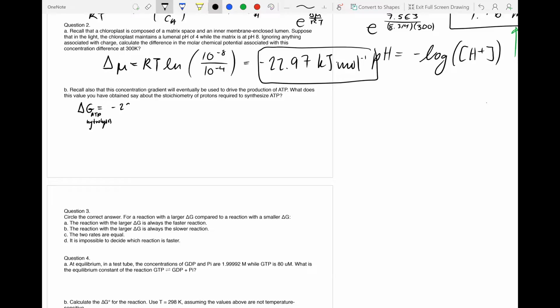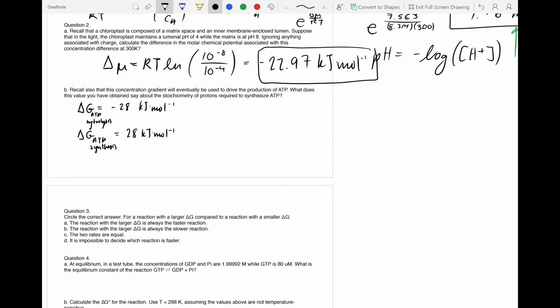It's going to be negative 28. So that's kilojoules per mole. Can't forget units. That means that ATP synthesis is going to require 28 kilojoules per mole.